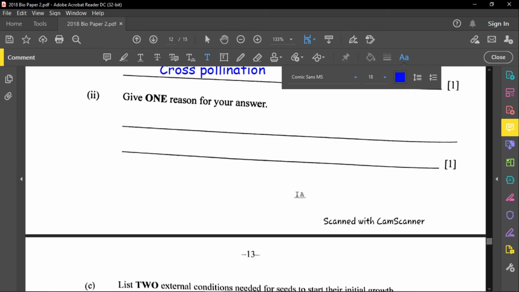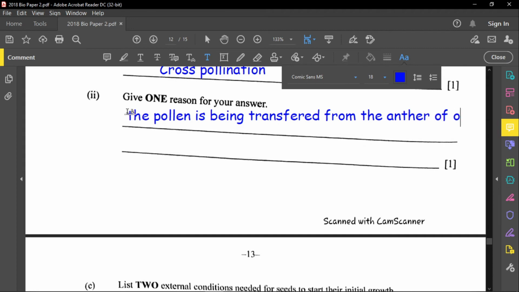All right. Let's give one reason for your answer. The reason here I'm going to put is that the pollen is being transferred from the anther of one plant to the stigma of the other plant.